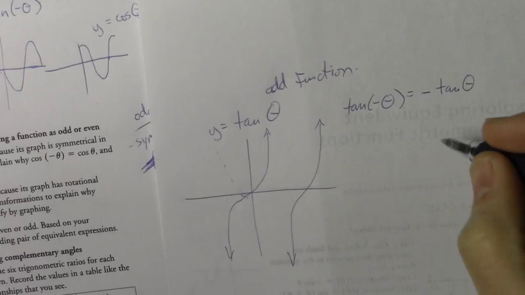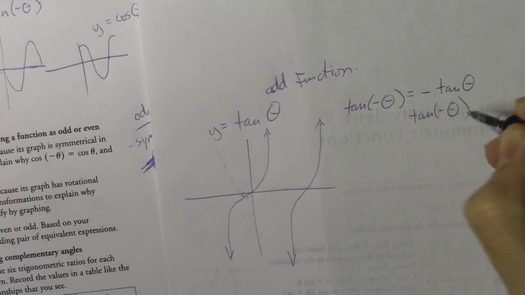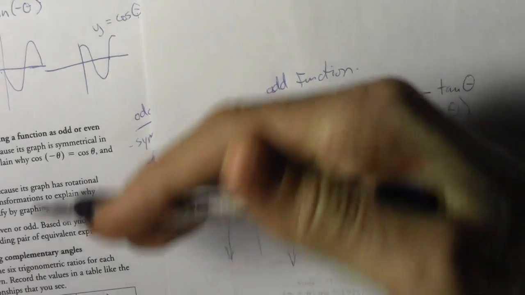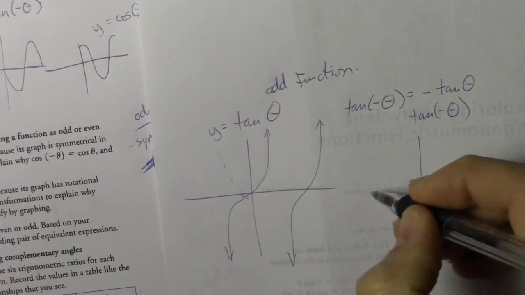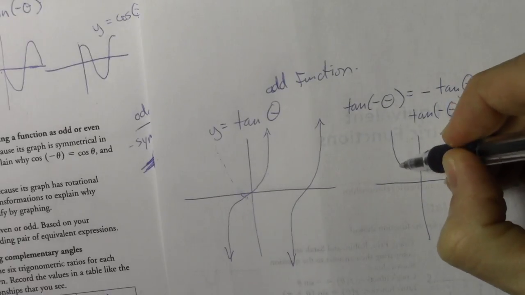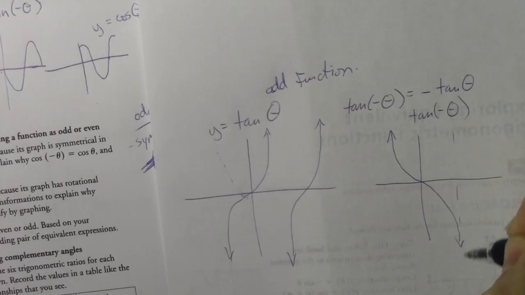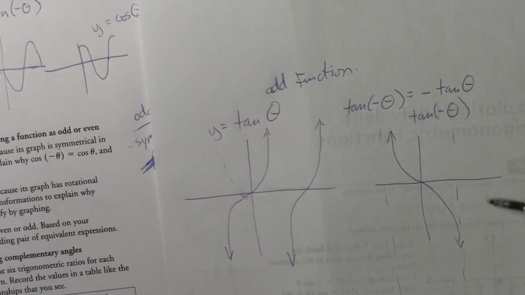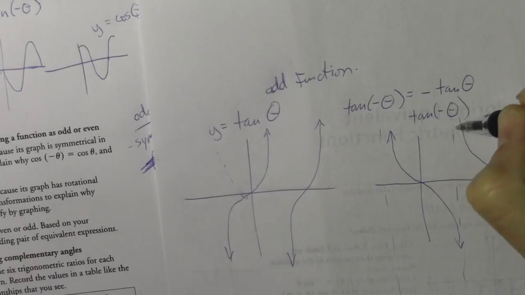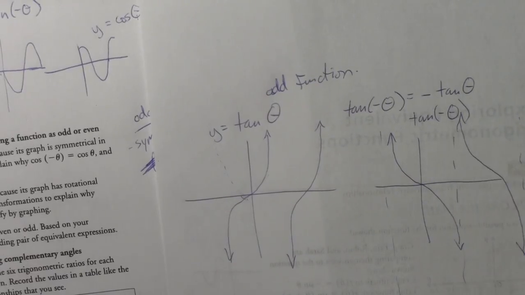Alright, so we can go ahead and check that by graphing first tan negative theta. So we take tan theta and we're going to flip it along the y-axis. Okay, so there's tan negative theta.